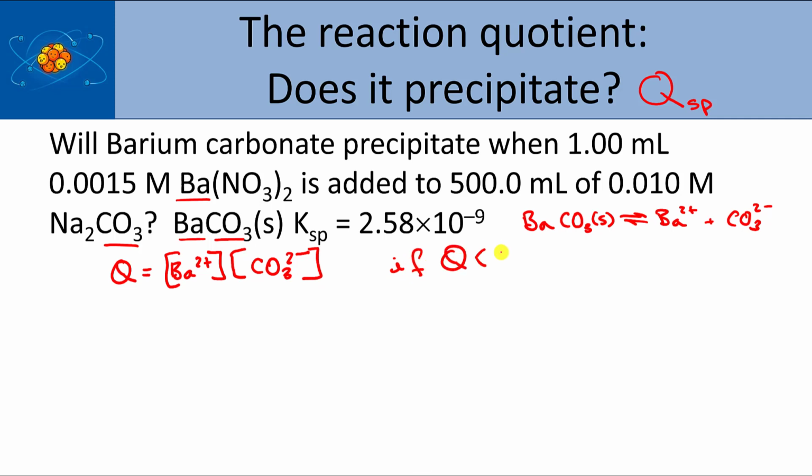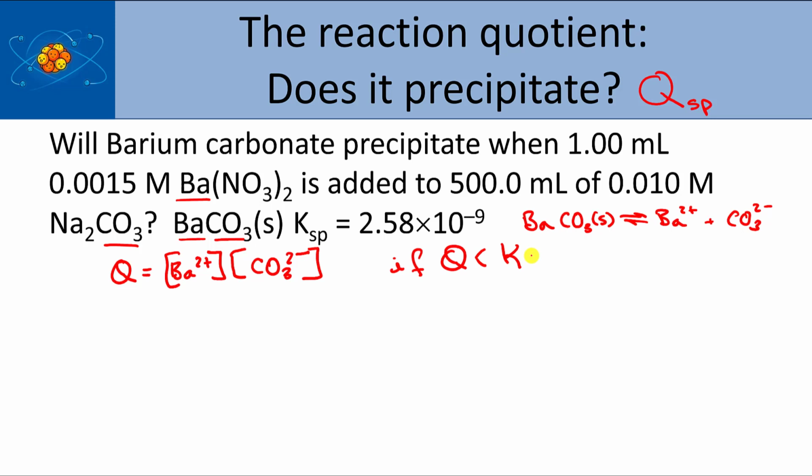And so if Q is less than K, then what that means is there's not enough product, and actually it would dissolve if there was barium carbonate solid in the solution.